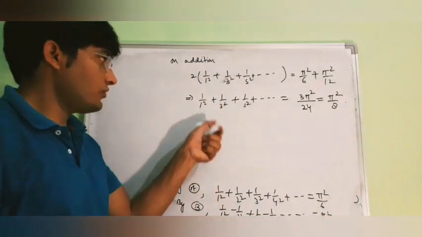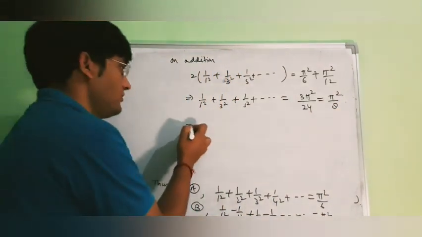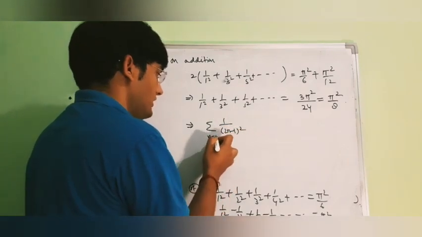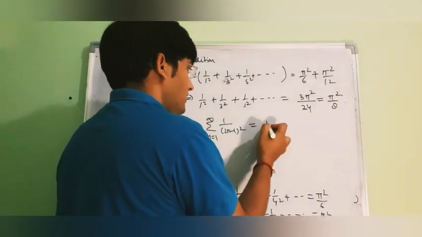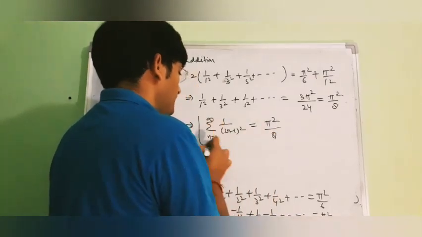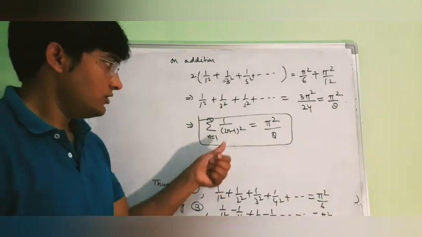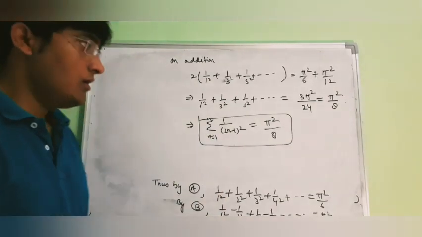So the summation of 1 upon (2n minus 1) whole square, where n is from 1 to infinity, is equal to pi square by 8. So this is the solution of the question.